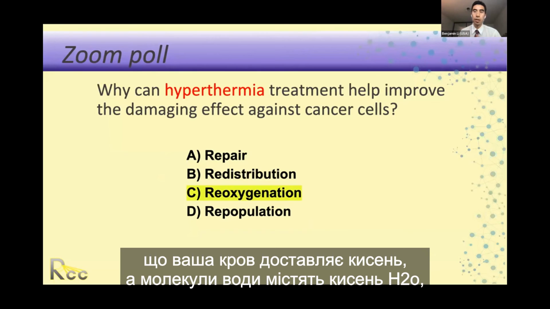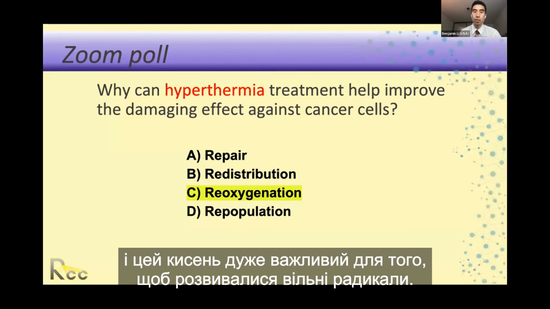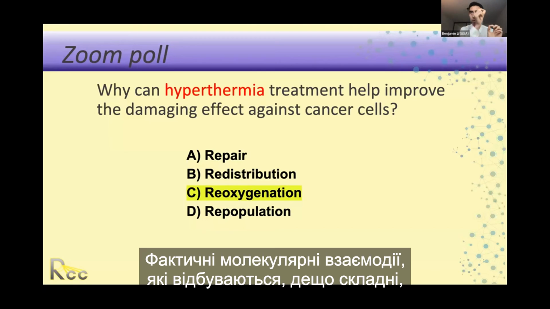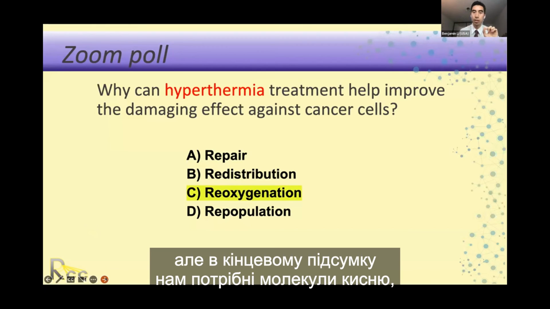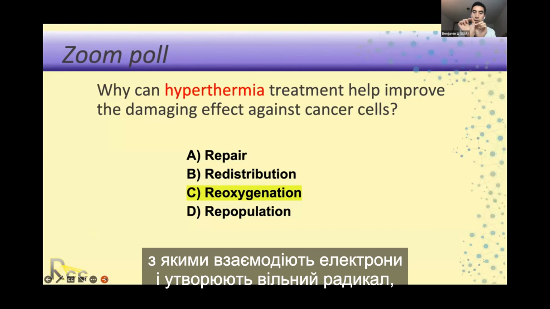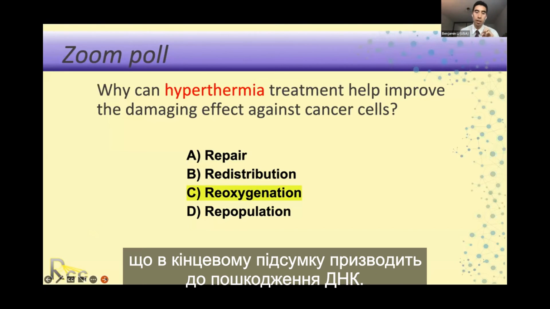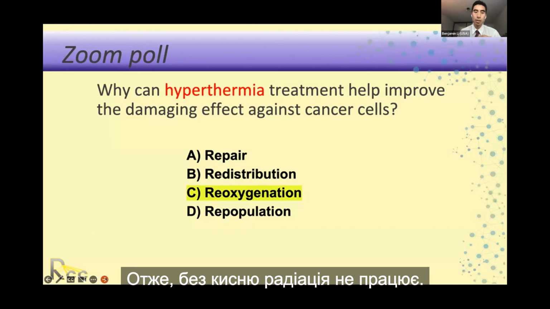The oxygen is very important in order for free radicals to develop. The actual molecular interactions are a bit complicated, but ultimately we need oxygen molecules there for an electron to interact with and form a free radical, which will ultimately cause the DNA damage. So without oxygen, radiation doesn't work.